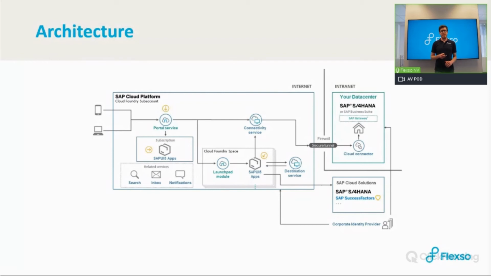In this case, the application is retrieving data from the SAP SuccessFactors system, which is securely connected using the connectivity and destination services. Also, the connection to the TechWolf engine is done via these two services. And this is just an example of what it could look like.